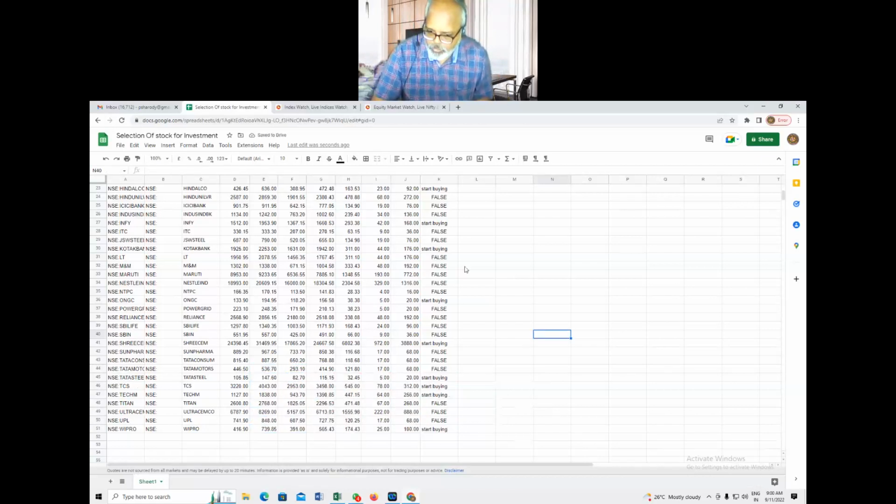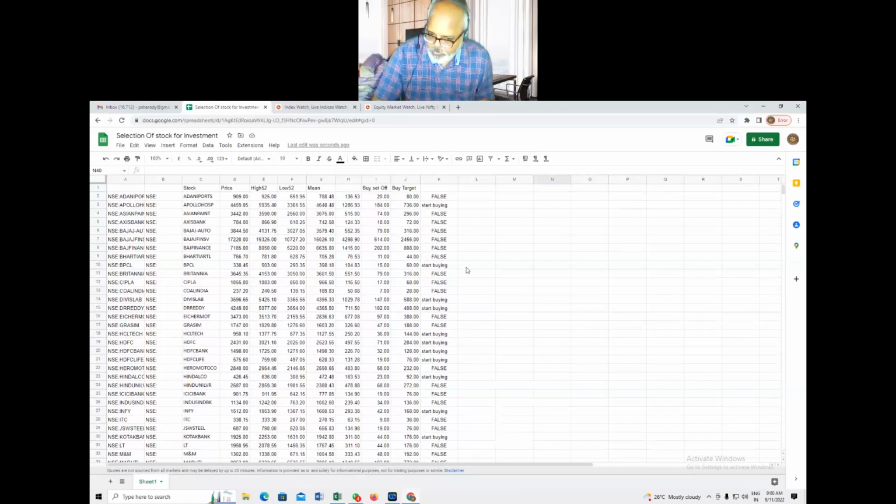So you can see there are many scripts that one can buy in the Nifty 50 stocks.